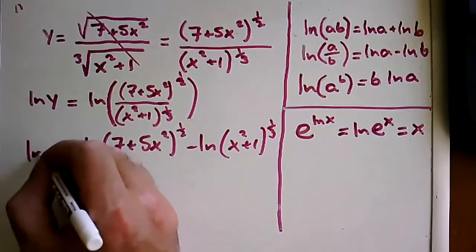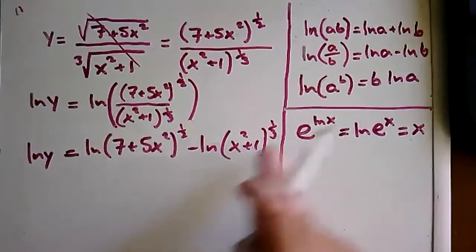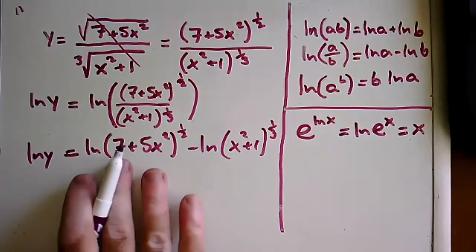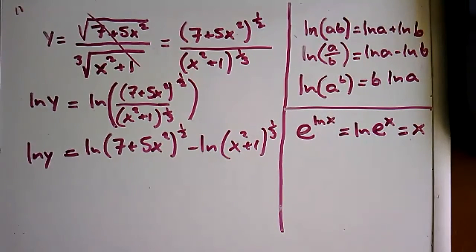This is still equal to ln y. I just applied the second rule of logarithms. Now I no longer have a quotient, which is great. Who wants to take the quotient rule for derivatives? We don't have to.